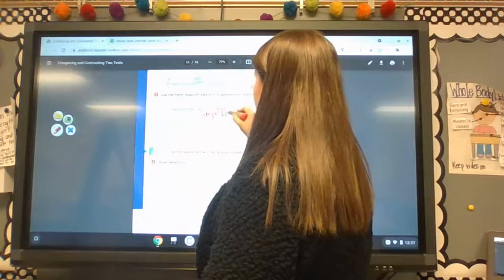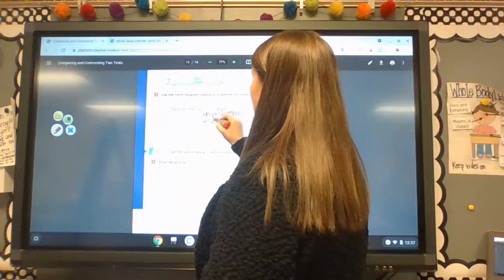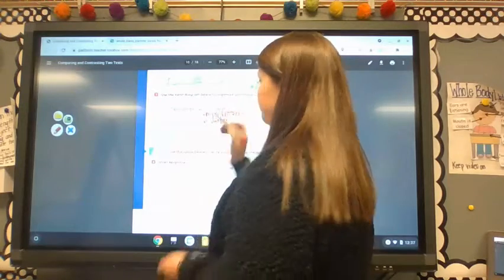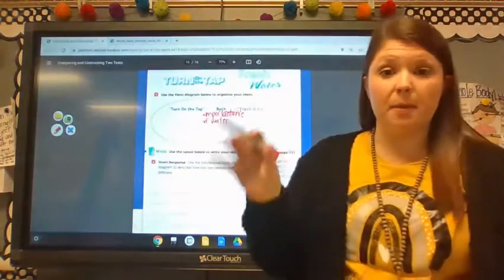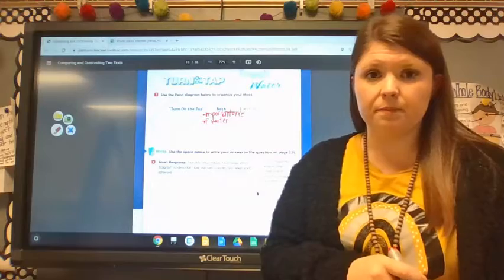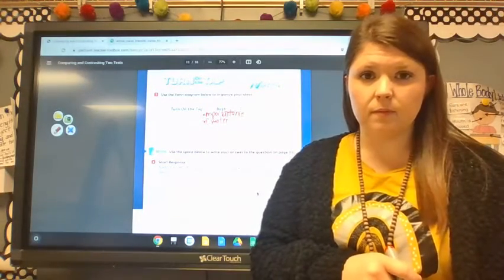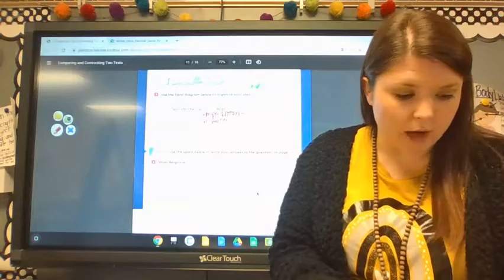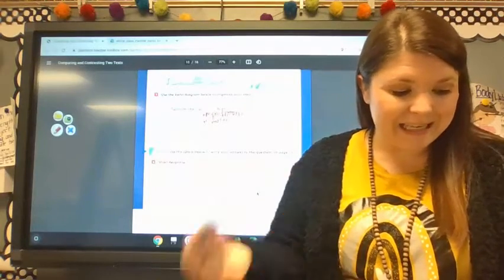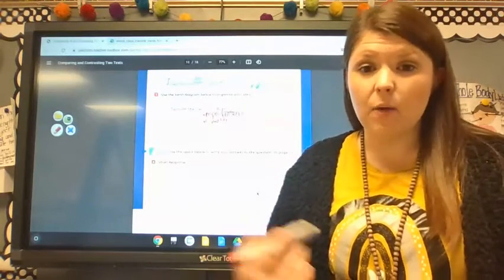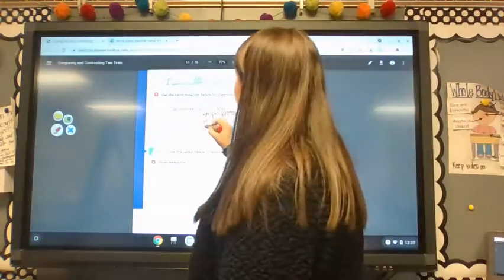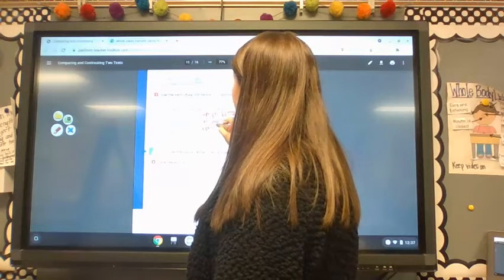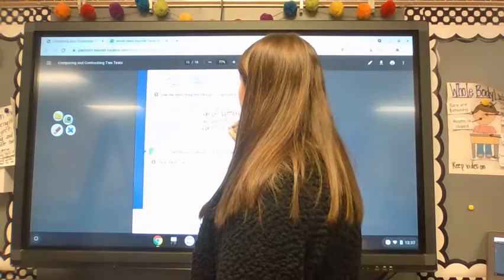They were both about the importance of water, weren't they? All right, what's something else that both articles talked about? Both talked about how to protect the water, right? We need to keep it clean because it is so important to us. So we need to protect water was talked about in both articles.